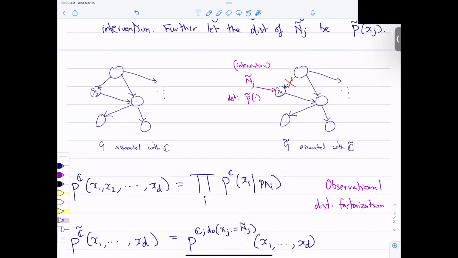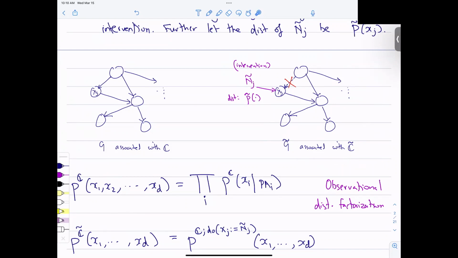We are doing an intervention. So what happens? I want to write the joint distribution for this model. If you look at this particular node in both of them, its parents have not changed. Therefore, the term associated with this node is unchanged in both the original DAG and the interventional DAG.